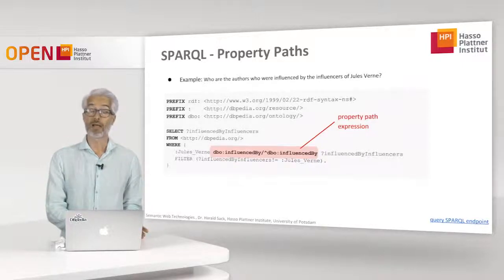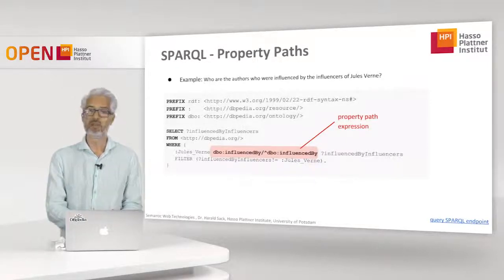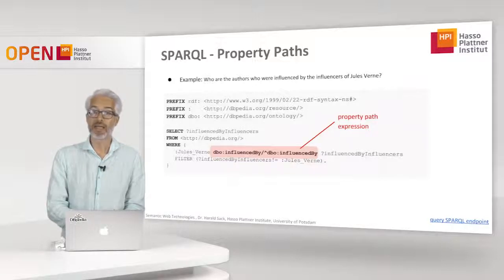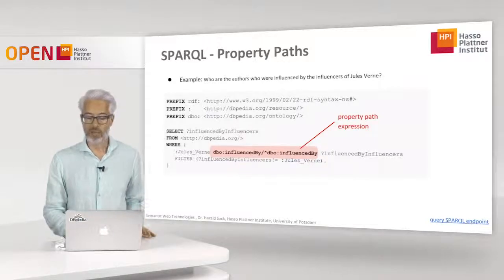And then I combine this with the same property, but in the other direction. So I want to look who else has been influenced by these people. And then, of course, I use influencedByInfluences as the variable that I select.